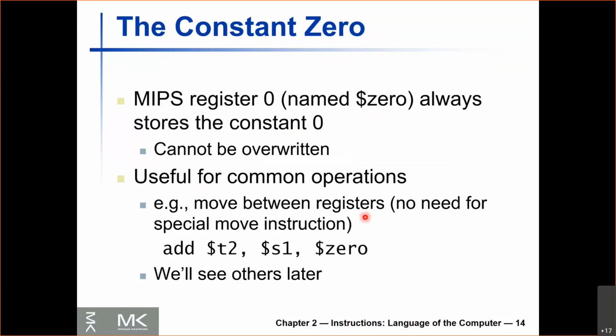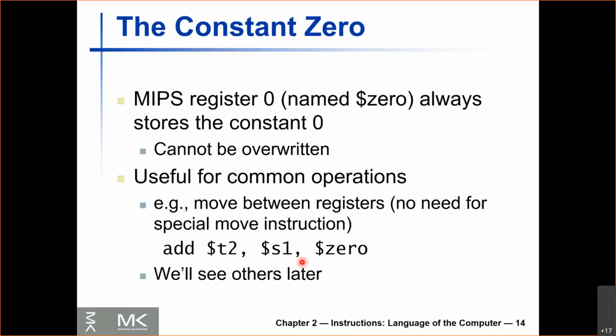One way we could do that is by providing a move instruction that takes 2 registers and moves the value from one to the other. But rather than having an extra instruction, we can use an existing instruction, which is add, and use the 0 register and basically add 0. So if I do S1 plus 0 and store the result in T2, I've copied S1 into T2, because adding 0 doesn't change the value of S1.